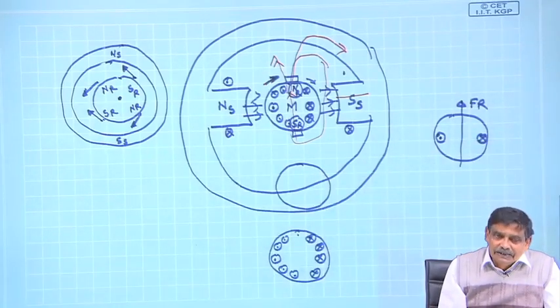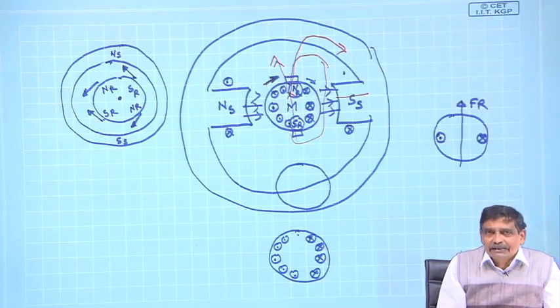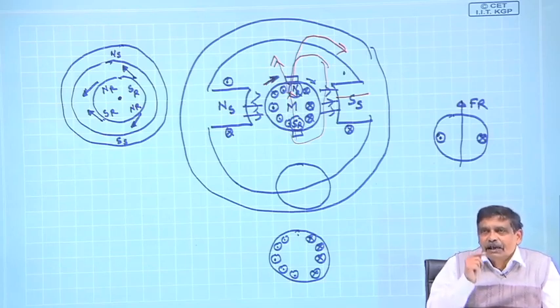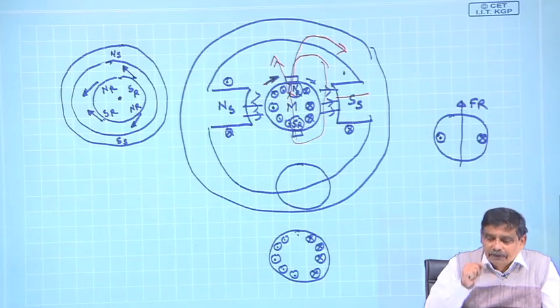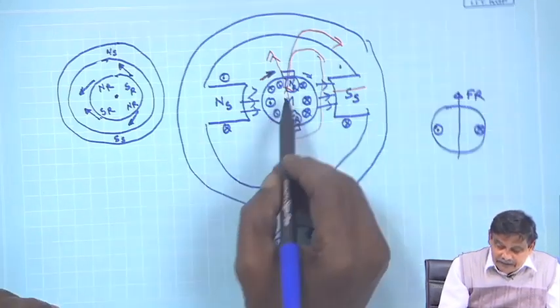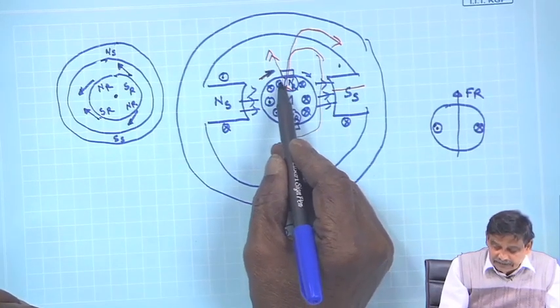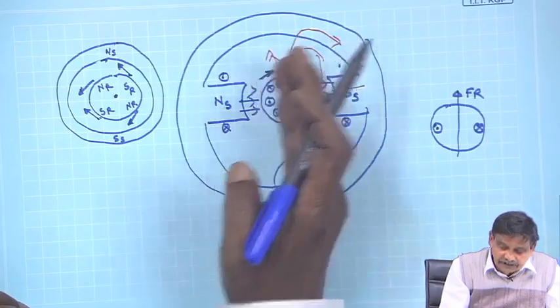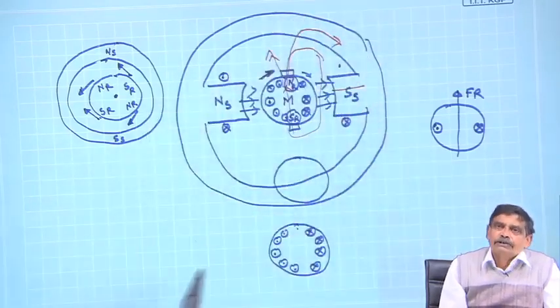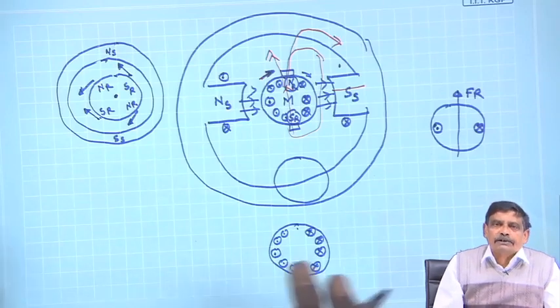In a DC machine, the design is such that with the help of commutator segments and brushes, conductors on the left of this pair of brushes will always be carrying current in a particular direction, always.